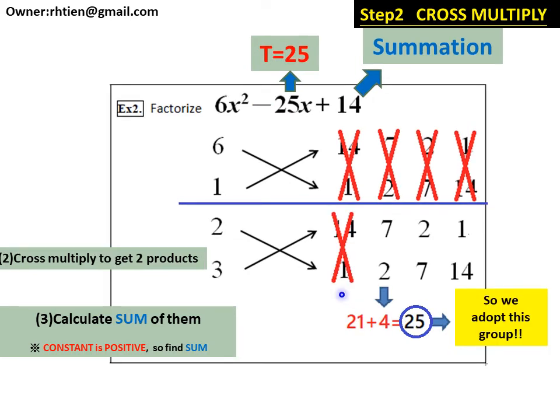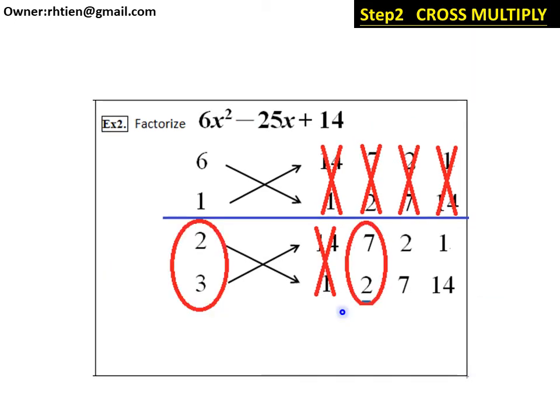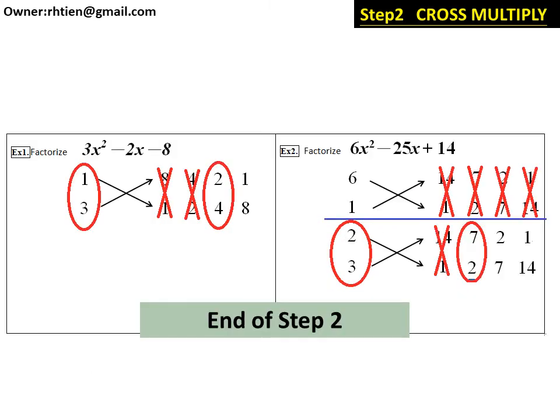And the second group in the second layer. 2 times 2, we get 4. 3 times 7, we get 21. Their summation is 25. 25 is the target number here, so we adopt this group. Now, example 2 is ready for step 3. Now, step 2 ends. We go to step 3.